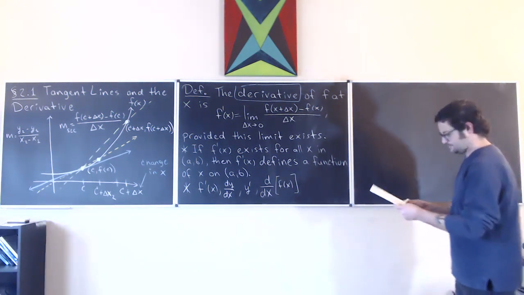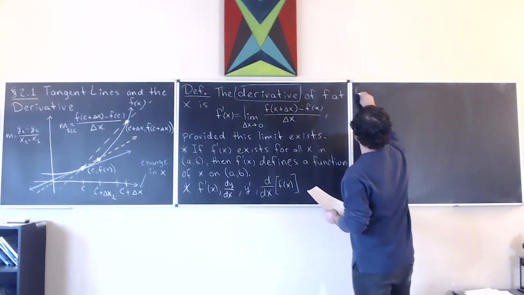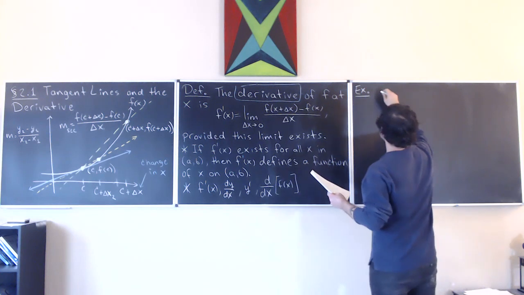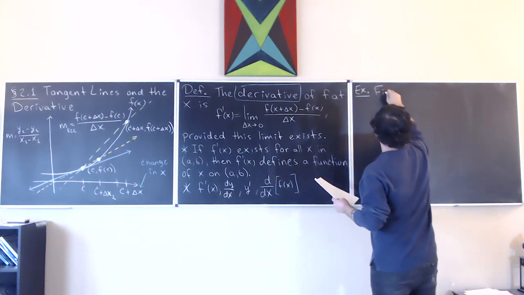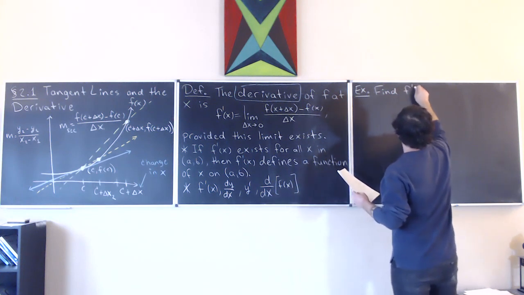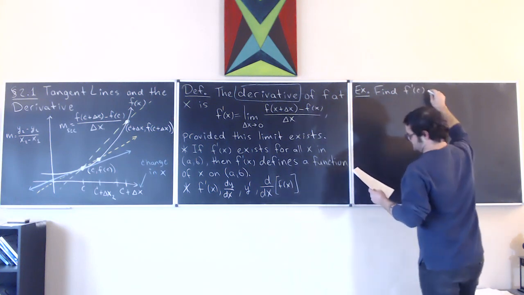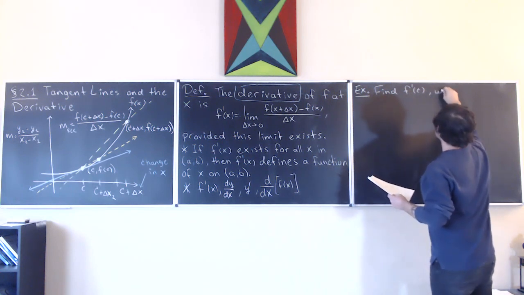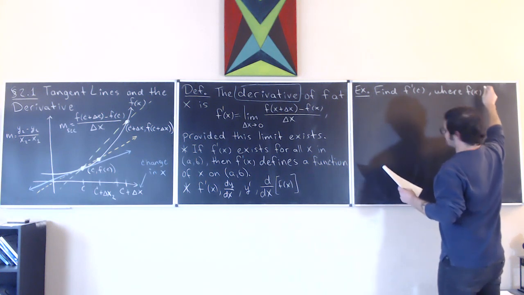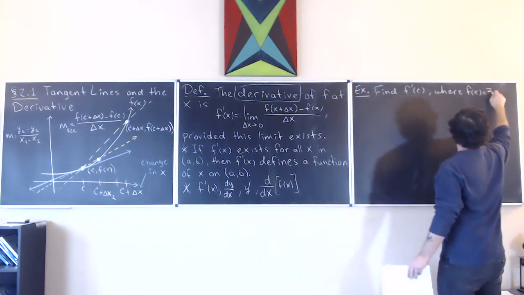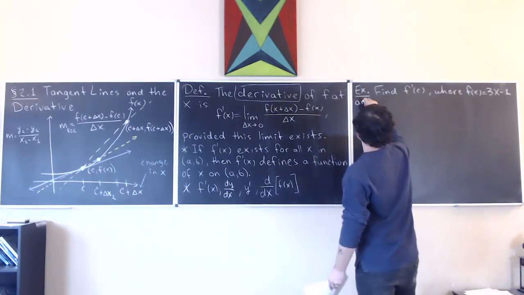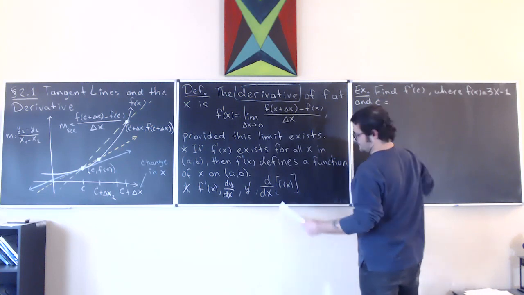So we can say, maybe, find f prime of c where f of x is equal to 3x minus 1, and c is equal to 2.